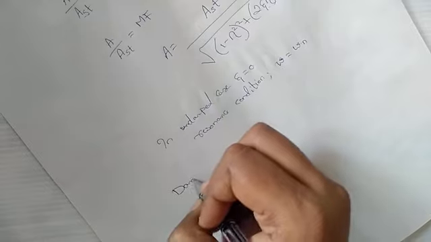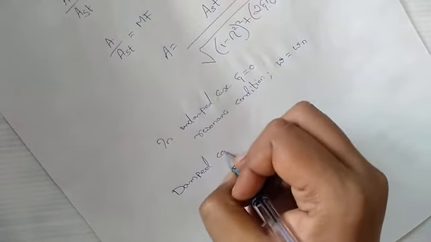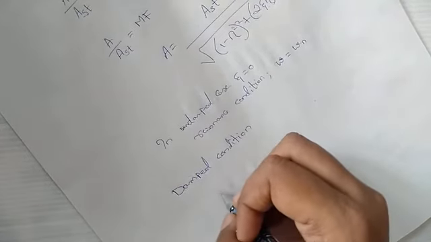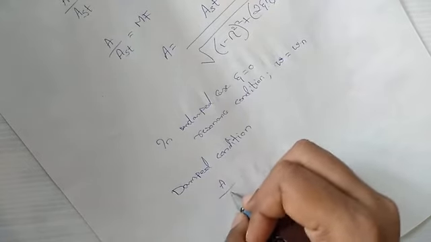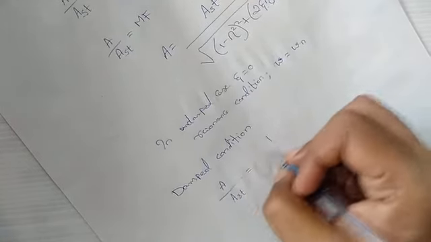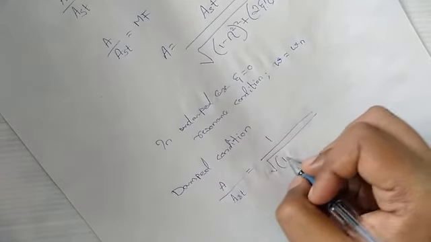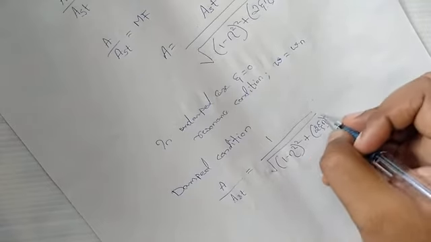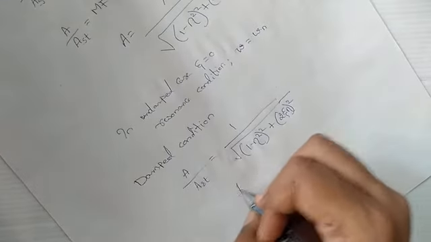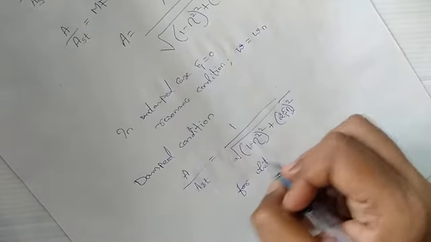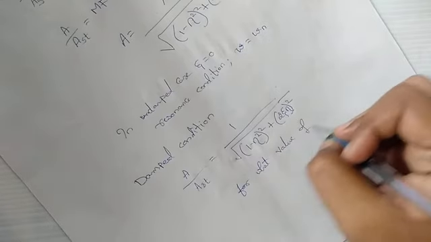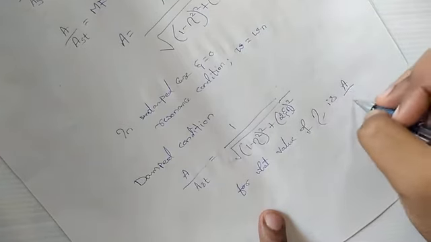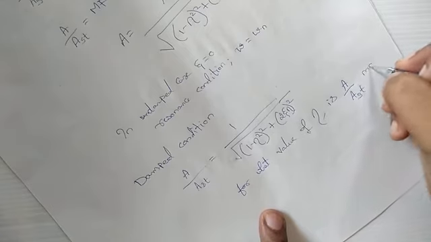For a damped condition, we need to find A divided by AST is equal to 1 divided by root of 1 minus eta square whole square plus 2 zeta eta whole square. So for what value of eta is A by AST maximum?